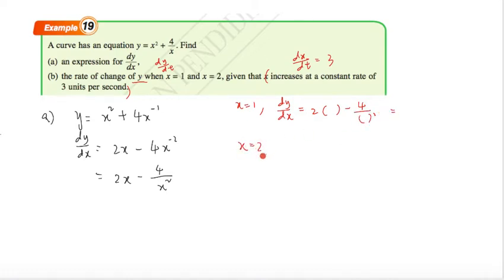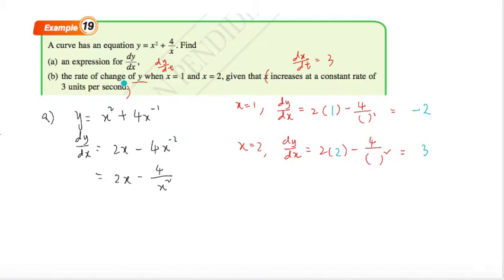When x equals 2, you substitute in as well. When x equals 1, dy/dx equals negative 2. When x equals 2, dy/dx equals 3.